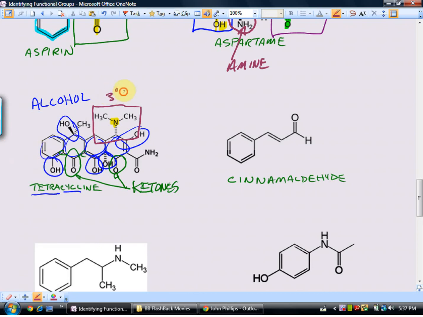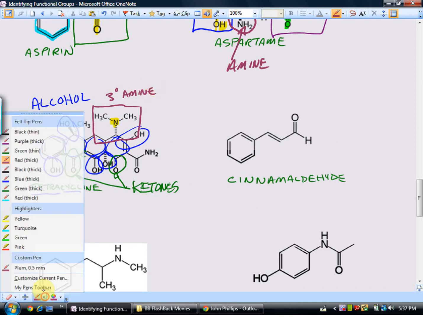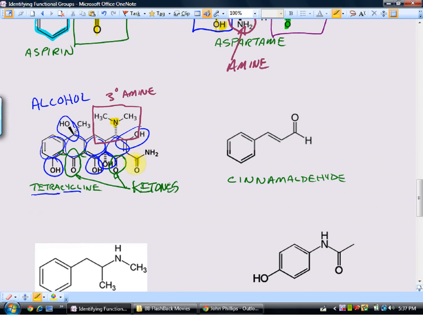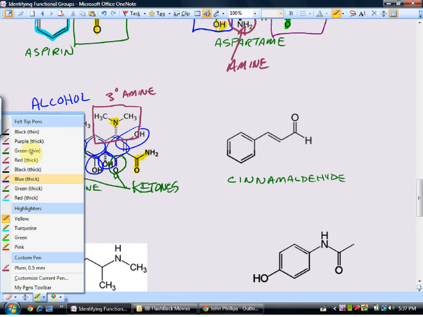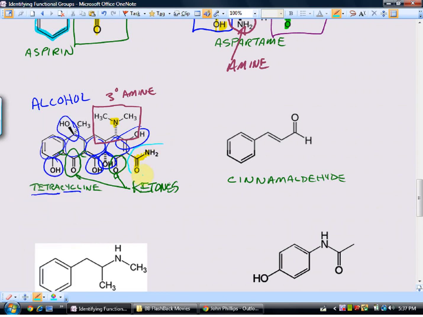A tertiary amine. What else do we see? Finally, the last functional group. Can anybody nail that one? I see my carbon-oxygen double bond connected to a nitrogen. I hope everybody has labeled that one as amide.